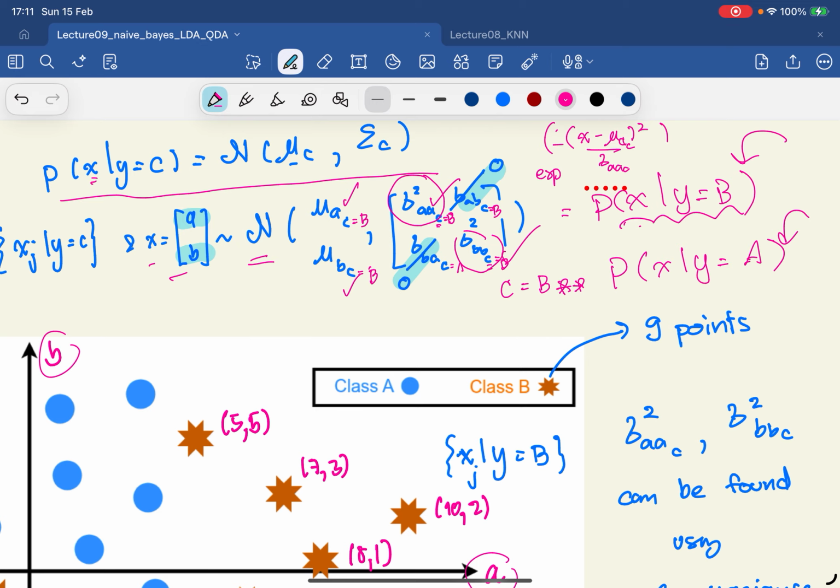This probability will be equal to that. So you can formulate the entire formulation, but it will be a function of X only. There's no further unknown aside from X.